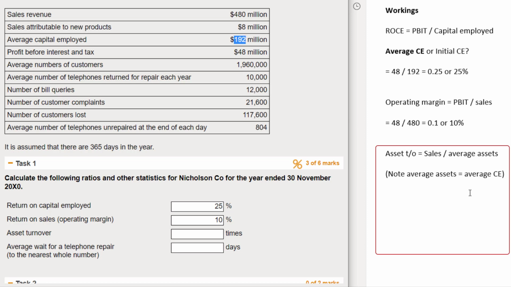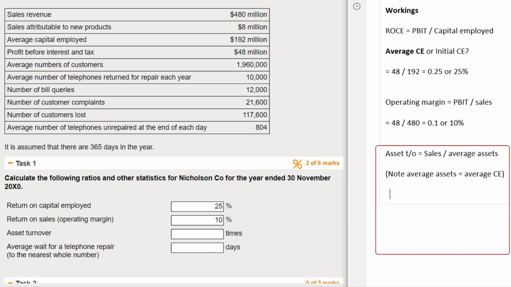And so I can use my capital employed figure in this calculation. Now, if you didn't know that, you just have to plug a figure in from out of here. And the most relevant likely looking one is that 192 million. So you could perhaps, even if you didn't know it, problem solve and work it out. So my sales level of 480 million divided by my average assets or average capital employed of 192 million.